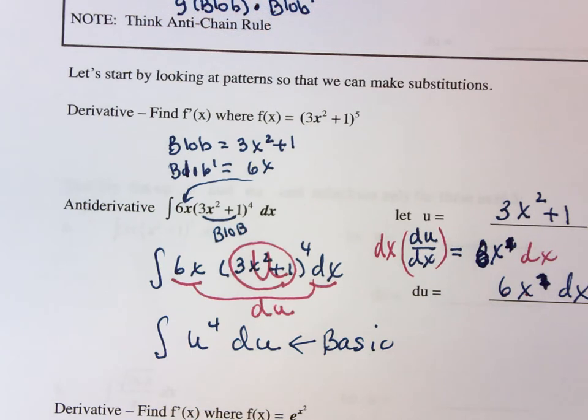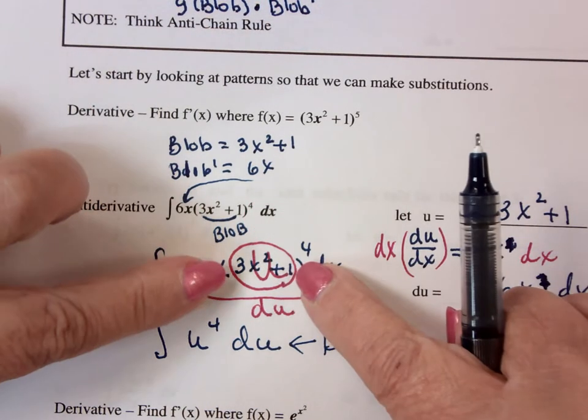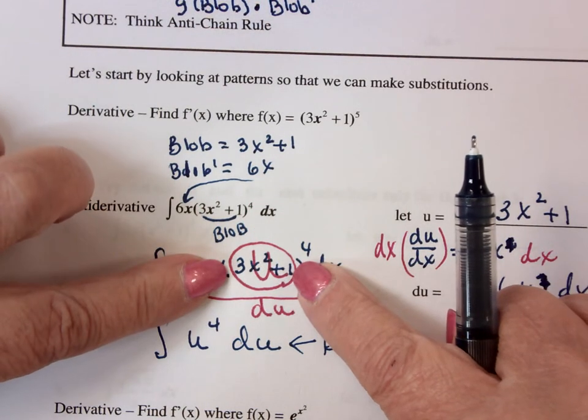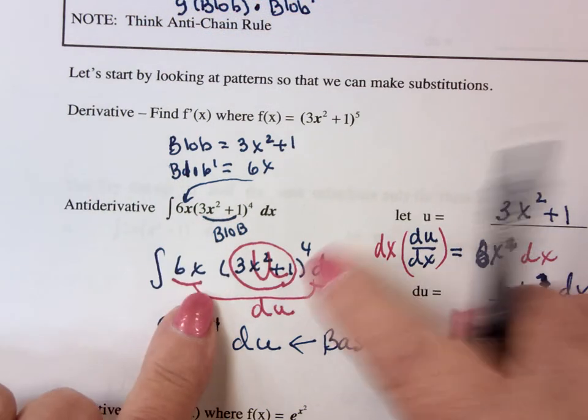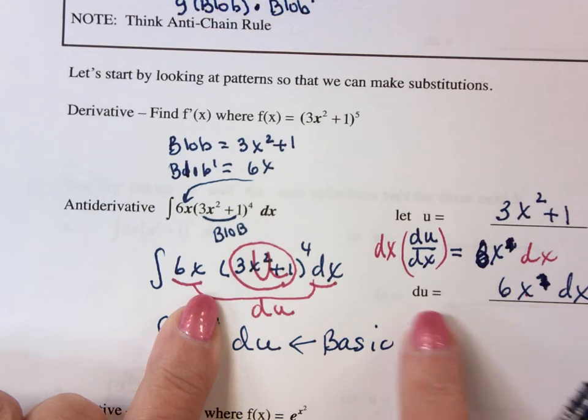So everything gets turned into a basic. We establish what the blob is. The blob gets replaced by u. I have a 6x and a dx, and I notice 6x dx is du.